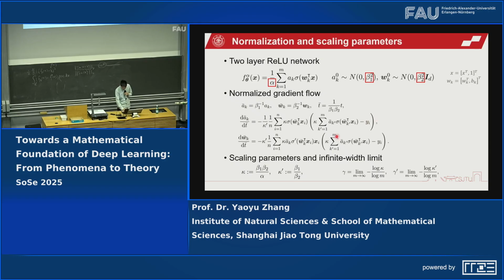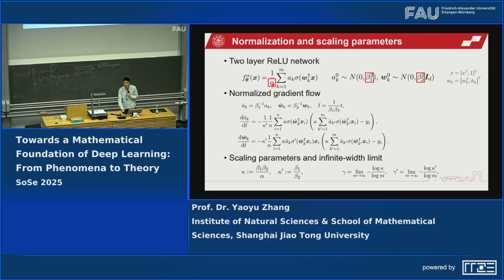Okay, and then what's the meaning of this kappa? If you ask what is the scale of each neuron at the initialization, the scale is the standard deviation of A, which is beta 1, and the amplitude of this W, which is beta 2, and then there's this alpha coefficient.